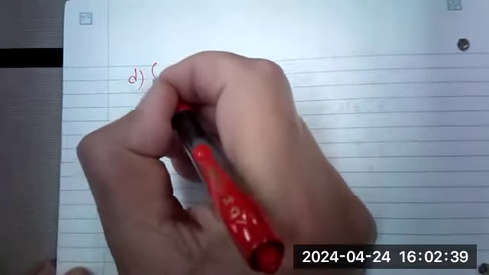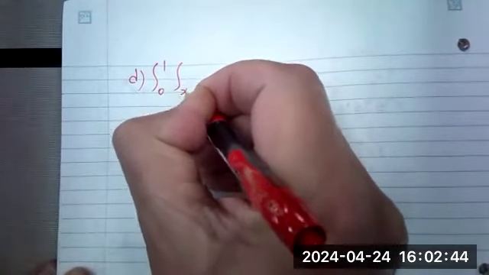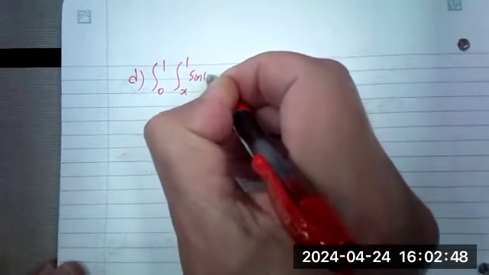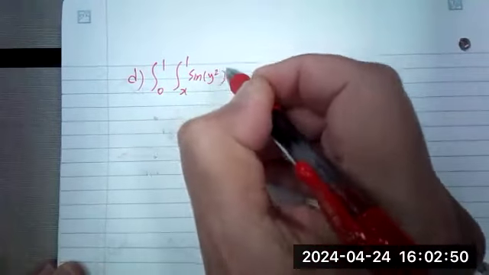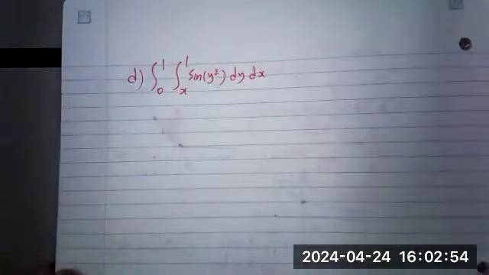And you keep these solutions because this is part of your final review, so we're not going to do it again. So part D: the integral is from 0 to 1, x to 1, of sine of y squared dy dx.